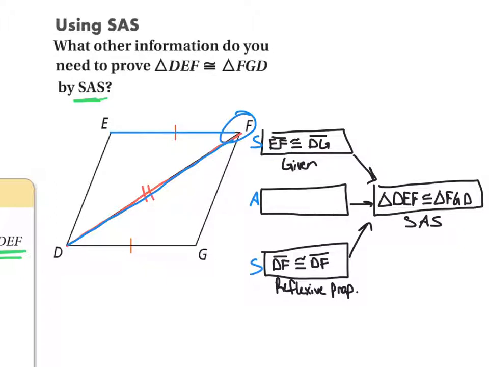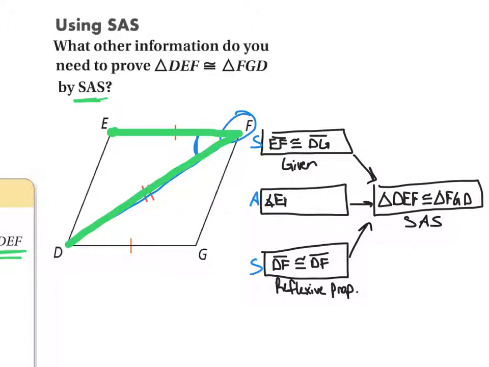The problem is we can't call it angle F. Which angle F are we talking about? We're talking about this angle F. And so I am going to call that angle EFD. Angle EFD is my first angle I need.